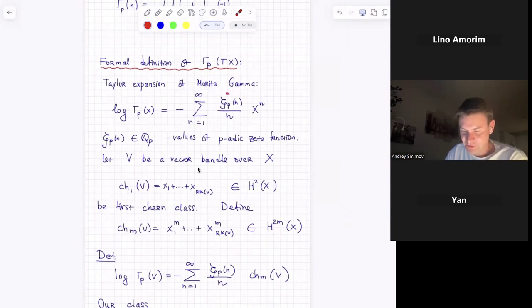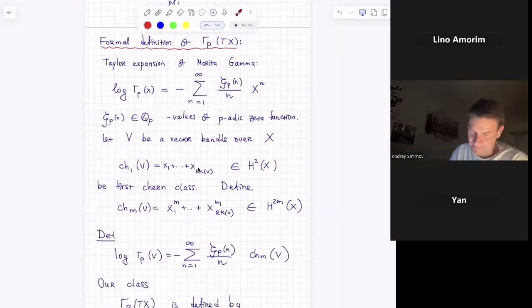The coefficients of this expansion are called p-adic zeta values. There is an analog of the p-adic zeta function, and these coefficients are exactly those values. And then we can use this Taylor series expansion to define this class as follows.